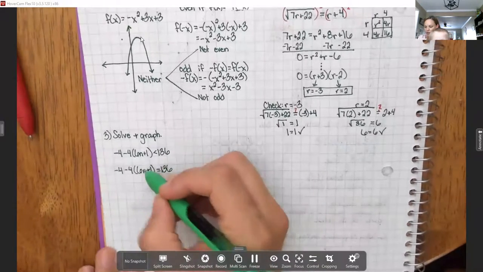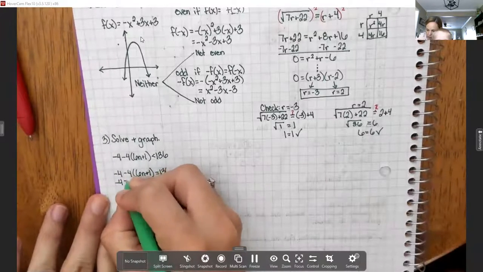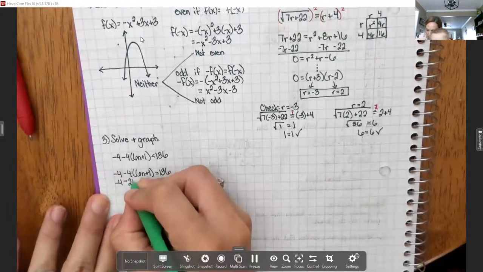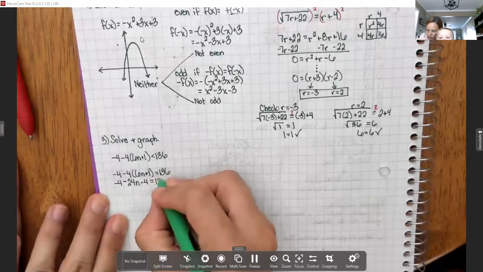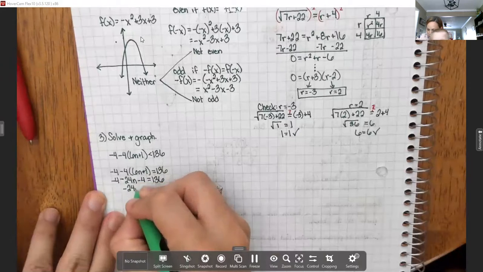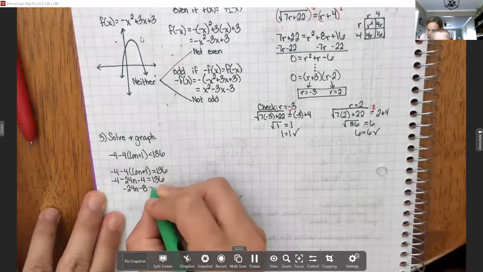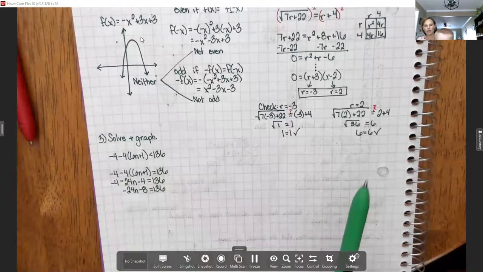So here we distribute, so -4 minus 24n minus 4 equals 136. -24n minus 8 equals 136. So I distributed and I combined like terms.